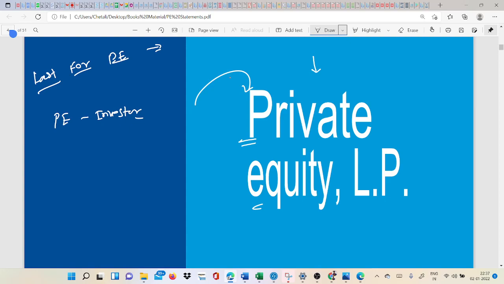For an investor, they will do the accounting for their own contribution or investment only.